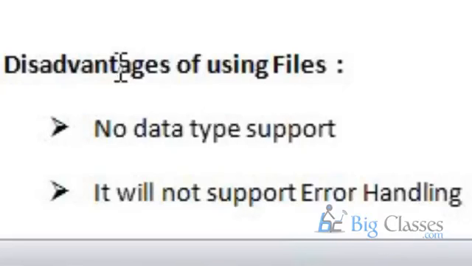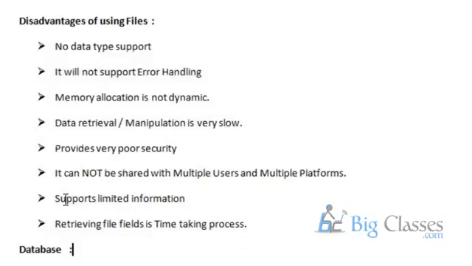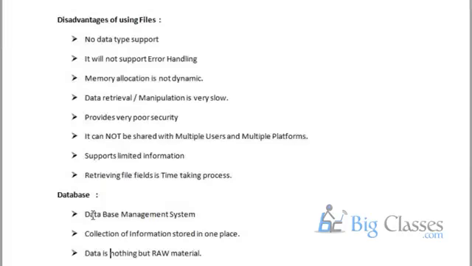Disadvantages of using files. Suppose you are using files like Microsoft Word or Excel or Notepad to store the information. There are certain disadvantages with these files. We are exploring those disadvantages. You can see there is no data type support. What is a data type? There are rational numbers, that is, numbers with a decimal point.